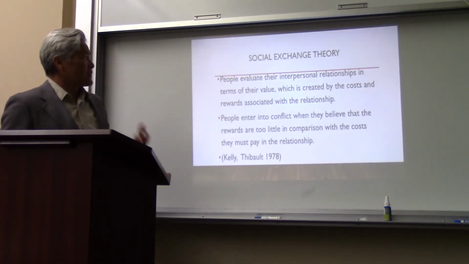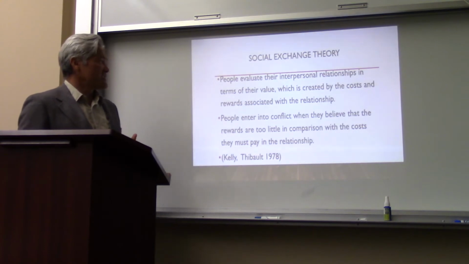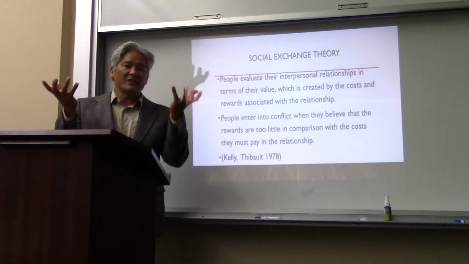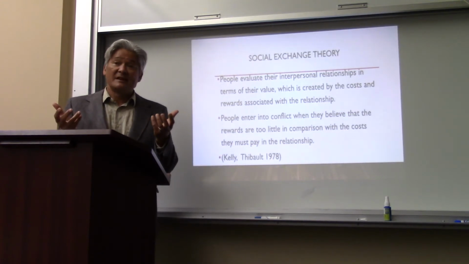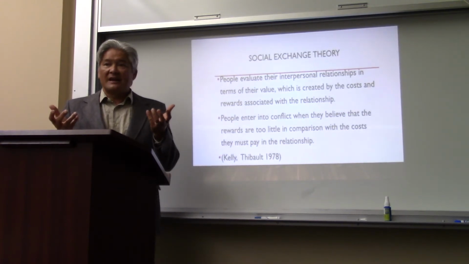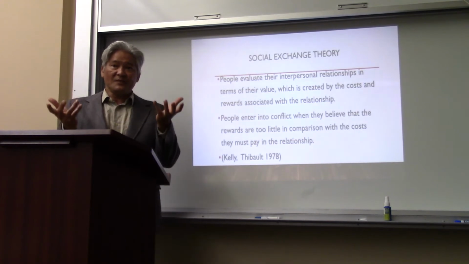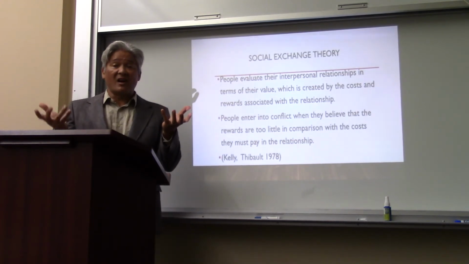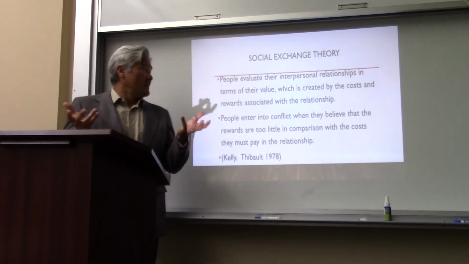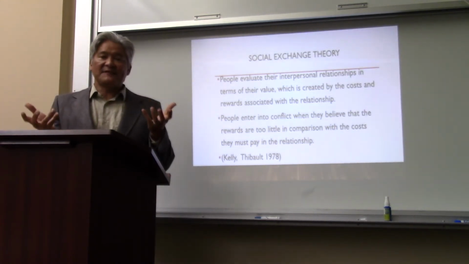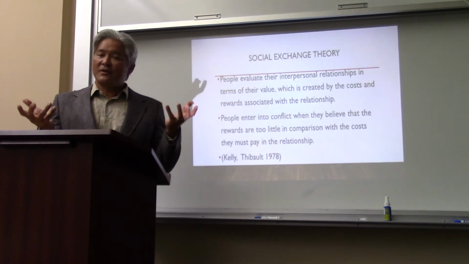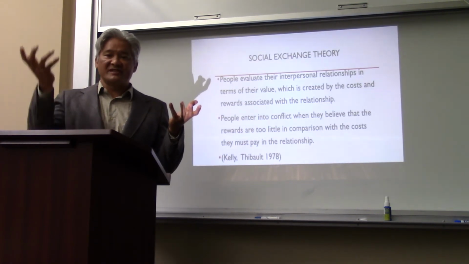I think what's important to remember about social exchange theory is that you are evaluating your relationship, it could be a friendship, a significant other, based on rewards and costs. So for instance, if you feel like a person is just taking too much energy, this is the cost.